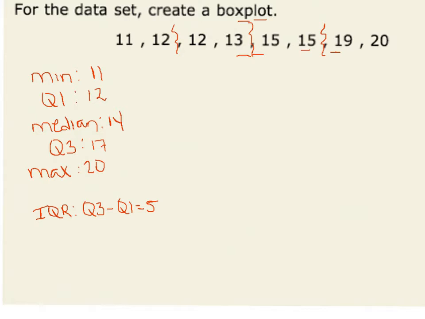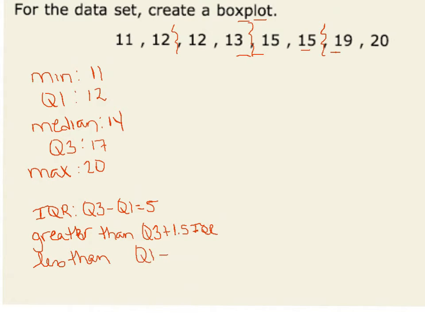Therefore, an outlier would be anything greater than your upper quartile plus 1.5 times your IQR, or anything less than your lower quartile minus 1.5 times your IQR.